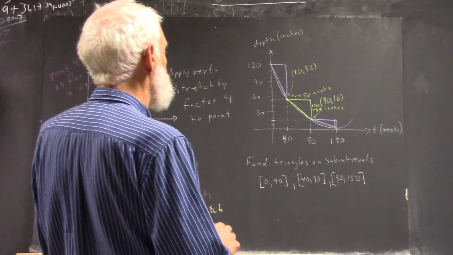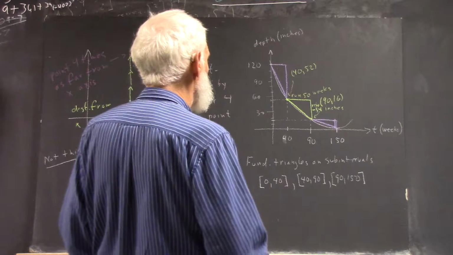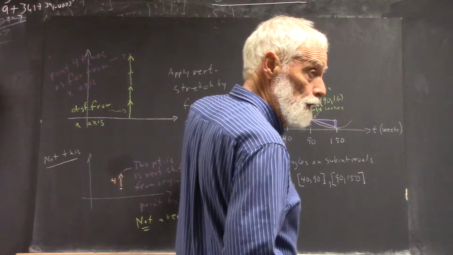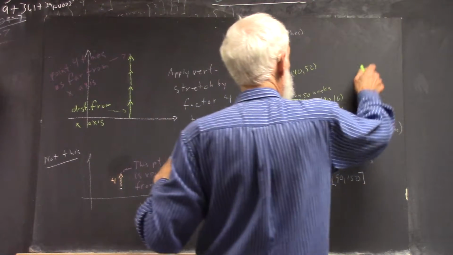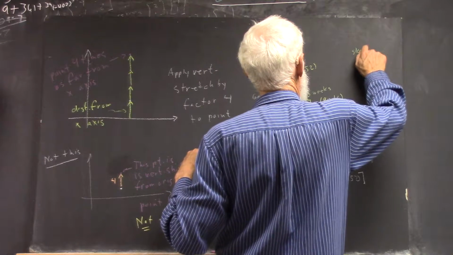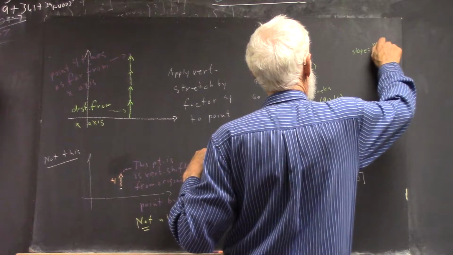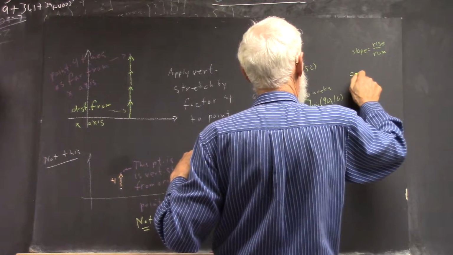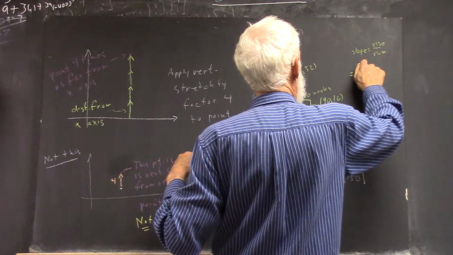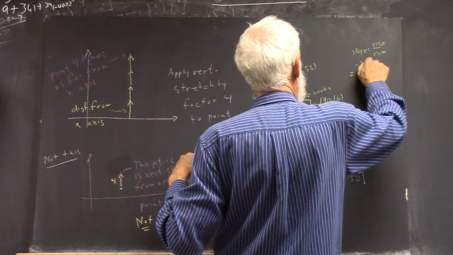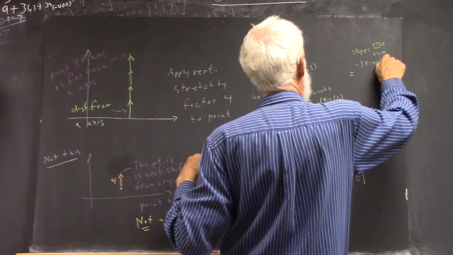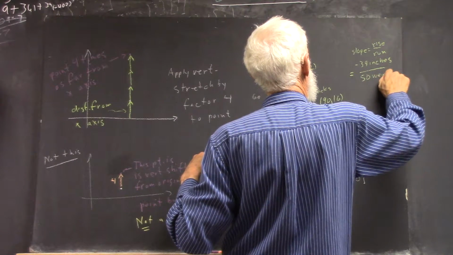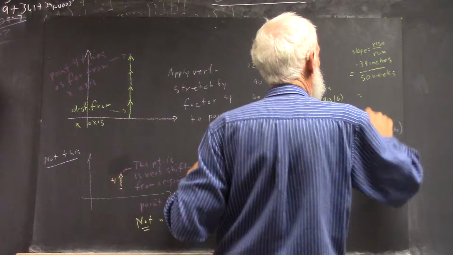So the slope, and we can write the analysis of the slope over here, but we'll write the slope over here. The slope is rise over run, which equals negative 34 inches over 50 weeks.